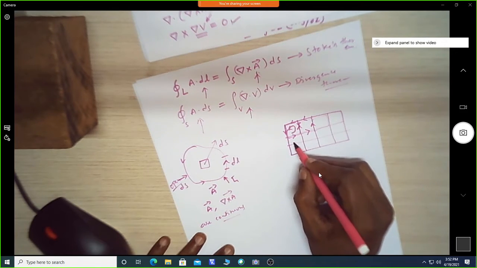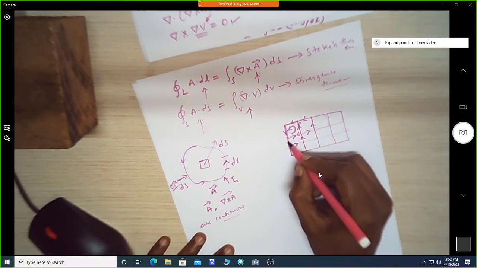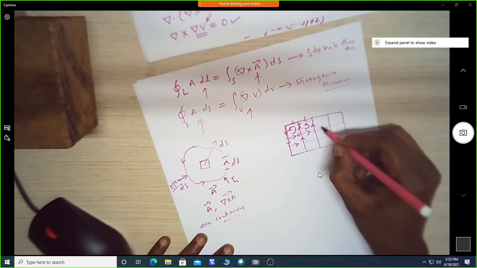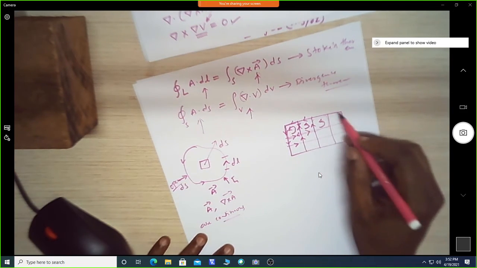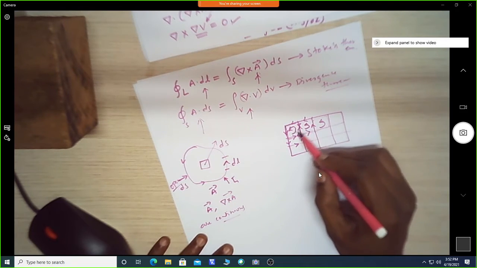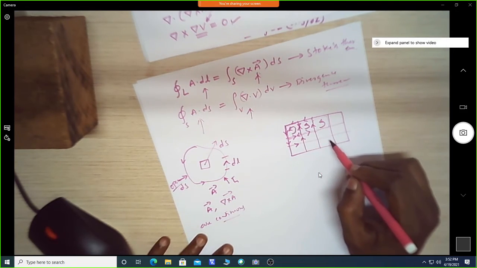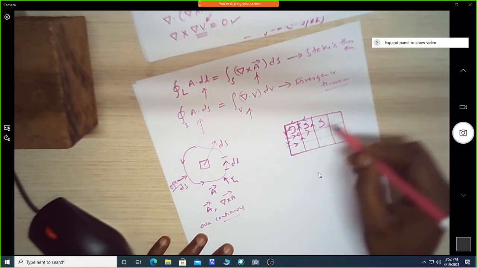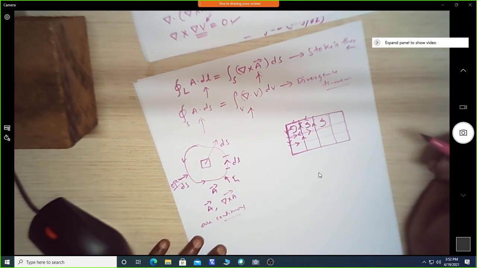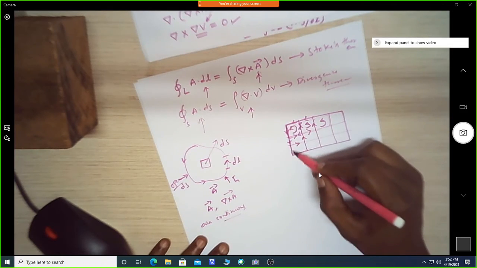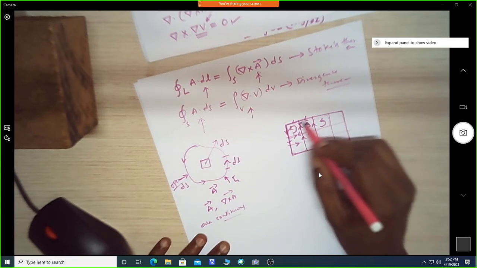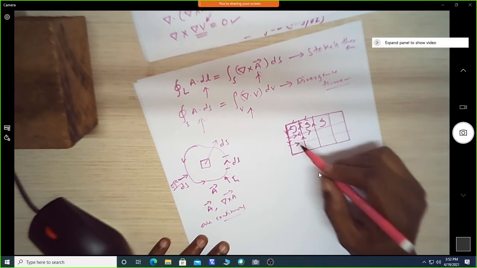If I take all the small line integrals inside this closed line integral, there is a cancellation of all the interior line integrals, and what remains is the boundary of the overall closed line. It will become the summation of all these small line integrals, equal to the total boundary line integral.